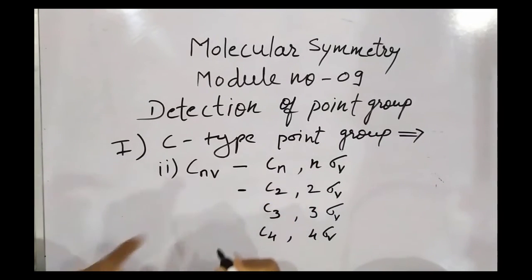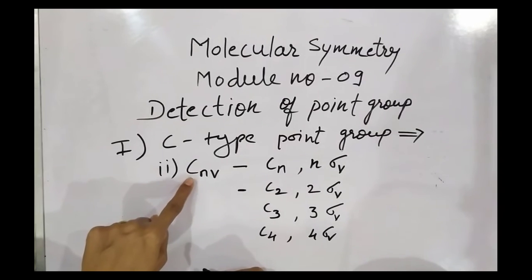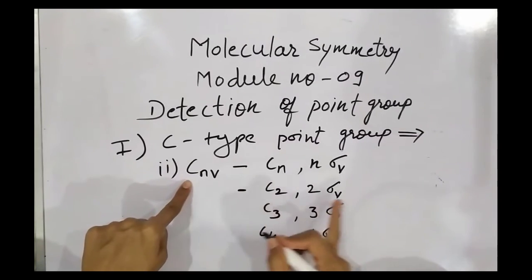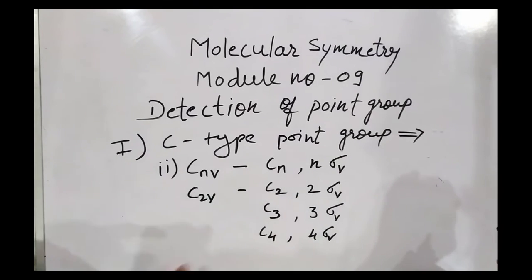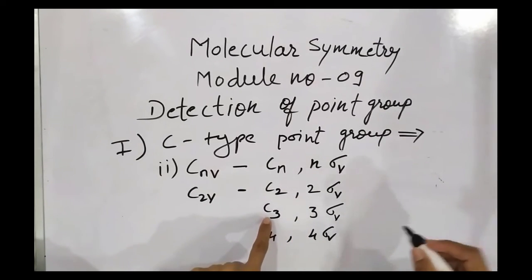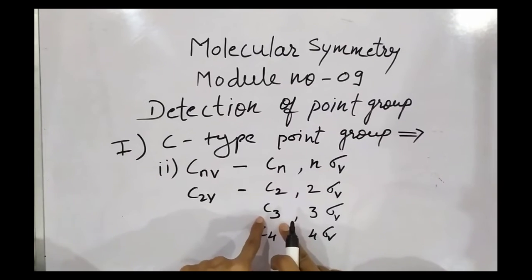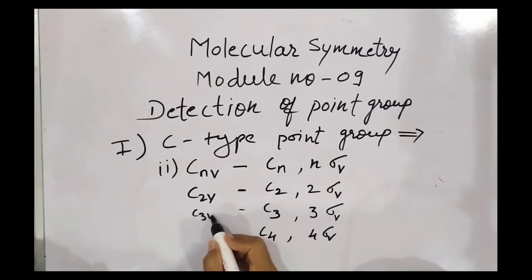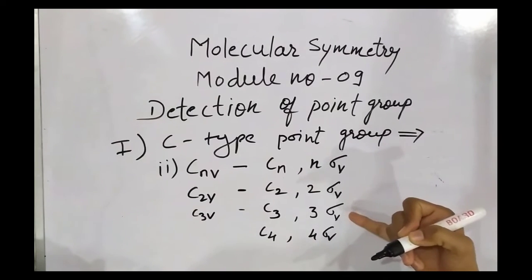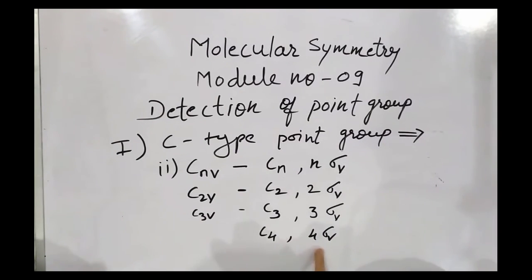By analogy, just think. Yes, it will be C2V. If I have a C3 principal axis and 3 vertical planes, then the point group of this molecule is C3V. Similarly, in this case, the point group will be C4V.